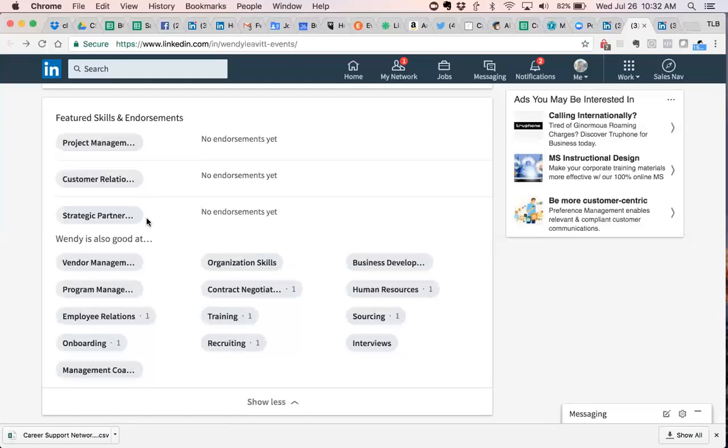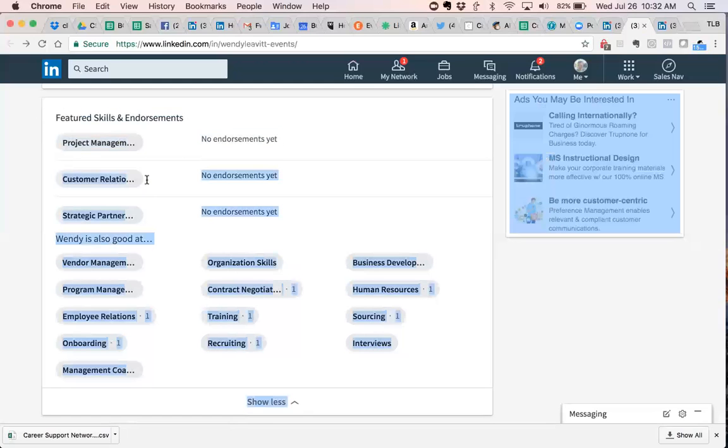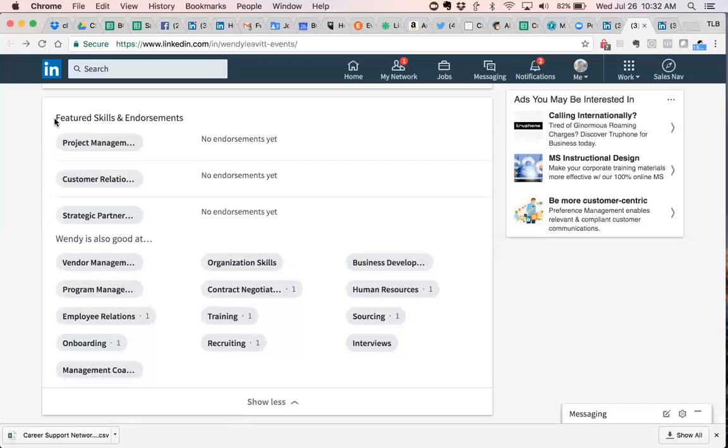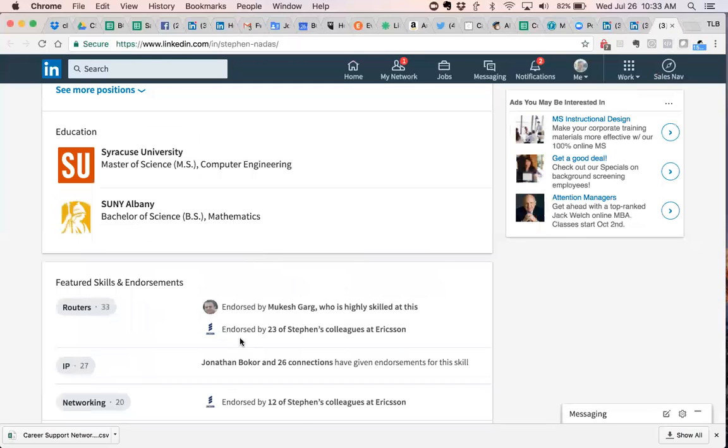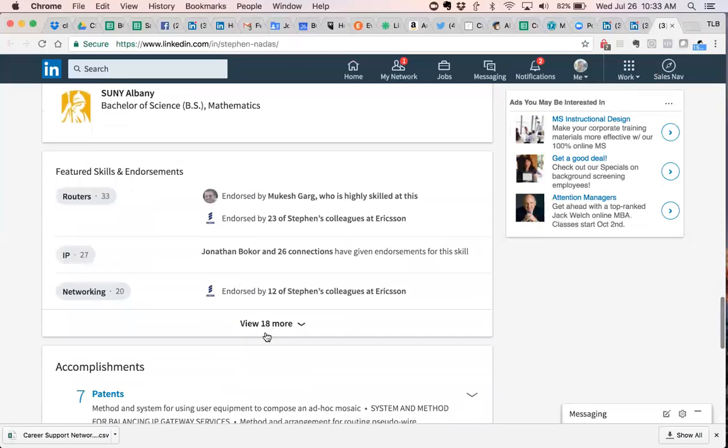And the top three, these top three right here, are critical. These need to be the most important skills relevant to who you are and what you do. And then these need to support. So if I go here, Steven's got 18, 19, 20, 21 skills.